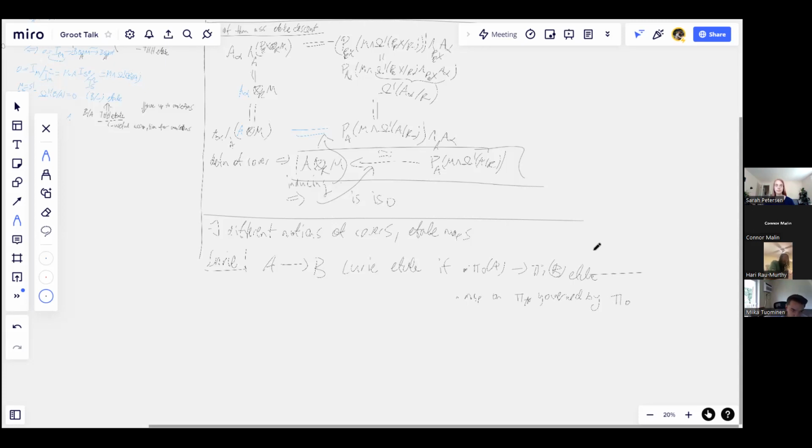And Lurie also has a definition of surjectivity, which gives rise to the notion of cover.